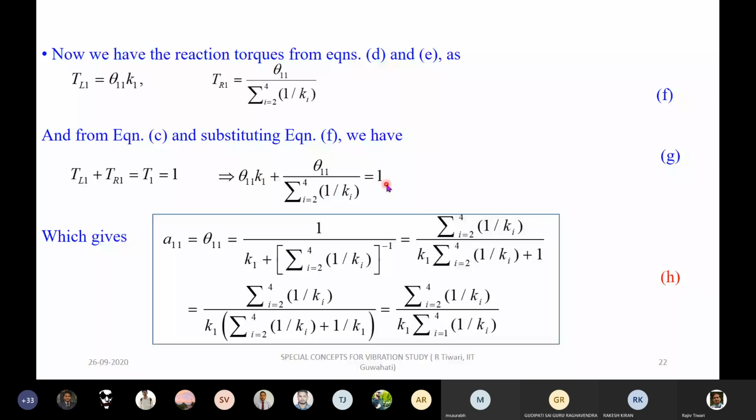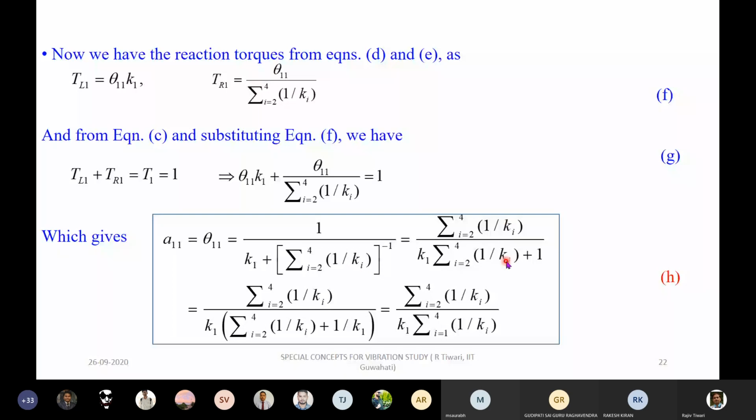Now theta 11 is common here, so I can take it out and put the remaining thing on the right side. So theta 11 is equal to this, and because this is an inverse, I can simplify this. So this will go in the numerator also.